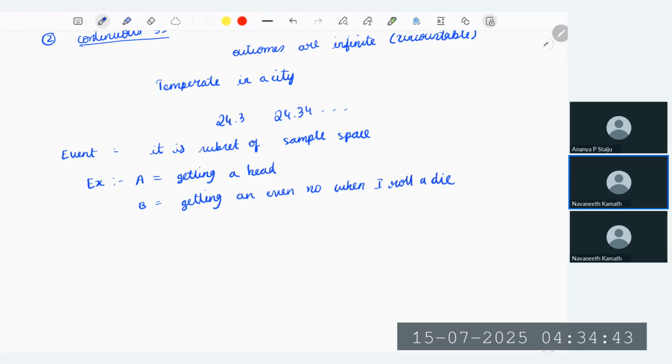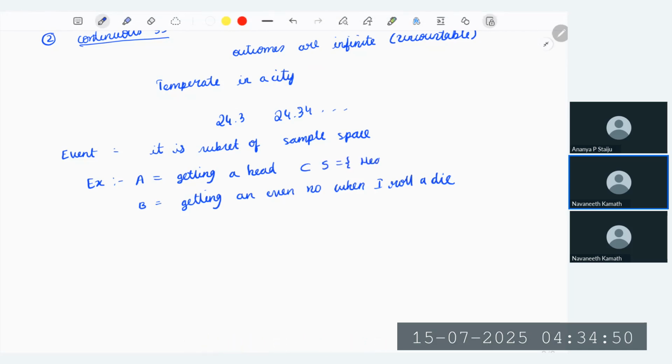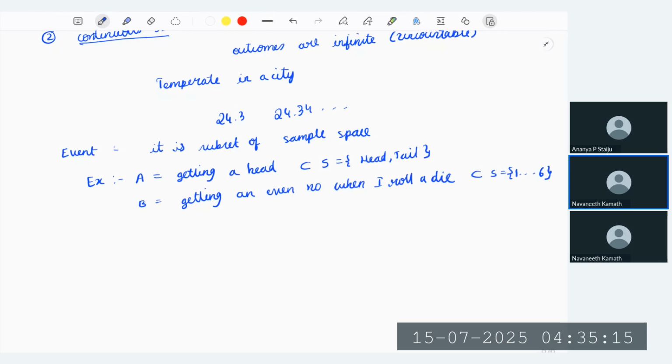So these are events. You can see this is a subset of the sample space of head, comma, tail. And this is a subset of the sample space of dice, 1 to 6. Like, I'm considering a few conditional outcomes from the sample space. Then it is called an event. Okay. Then we have types of events.